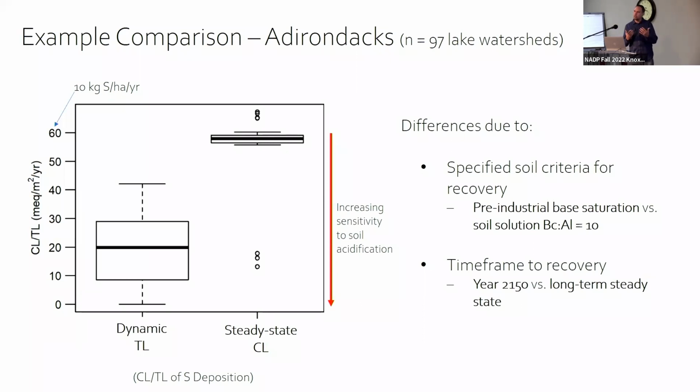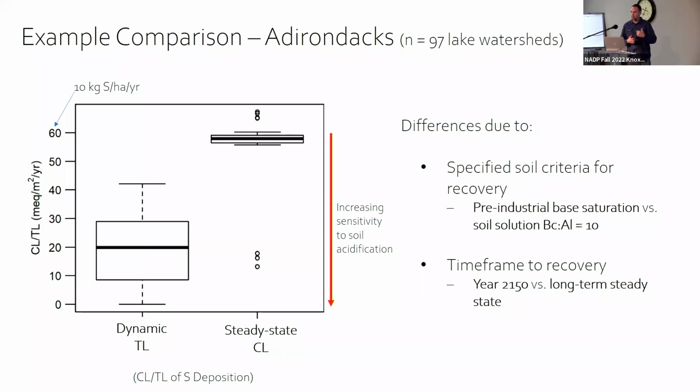The dynamic model results are generated to attain a pre-industrial base saturation condition by the year 2150. Not quite pre-industrial; we were trying to get within 3% of historical base saturation. With those dynamic models, we can estimate the pre-industrial, year 1850, soil base saturation, and then set our target to attain near that condition by a specific year.